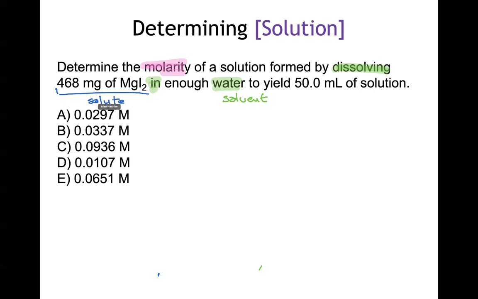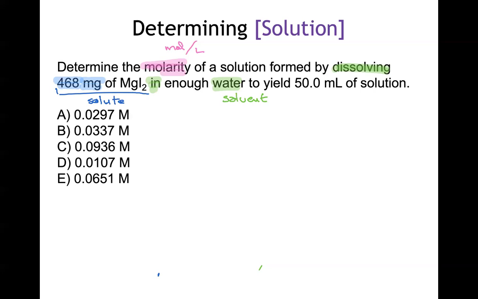And we know that molarity is moles of solute per liter of solution. Also, something to keep in mind is the units. You're given the units in milligrams. So how can we convert? Ultimately we need molarity, which is in moles per liter, but we're given mass and volume.